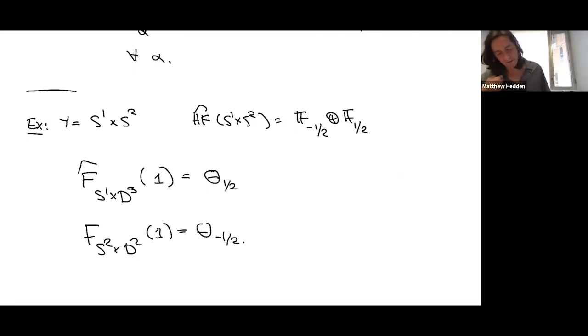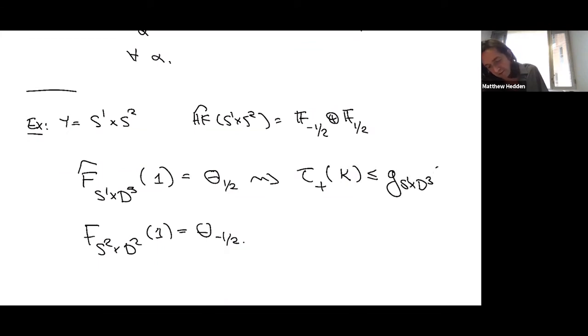So this says that tau plus, the tau relative to the upper generator of a knot in S1 cross S2, is less than or equal to the genus of smoothly embedded surfaces in S1 cross D3, and tau minus is less than or equal to that in S2 cross D2.